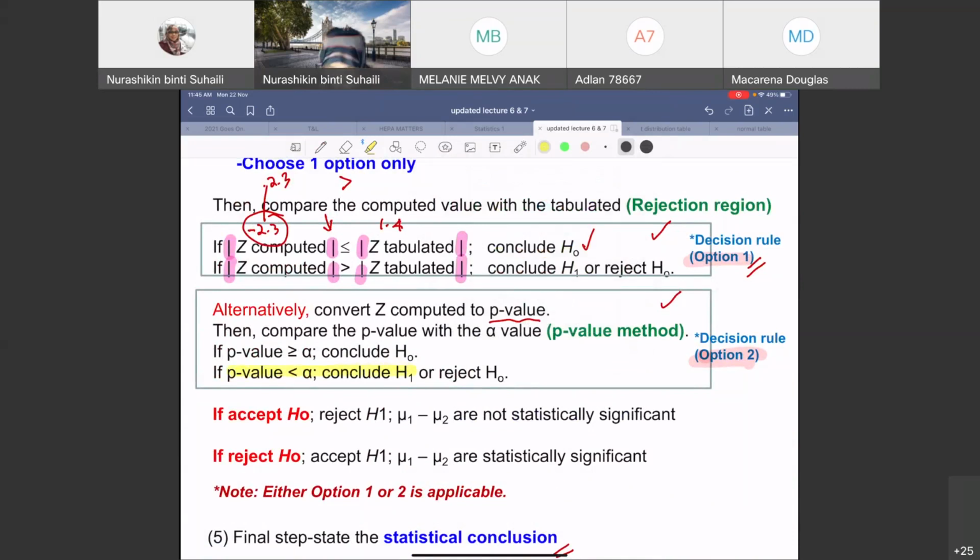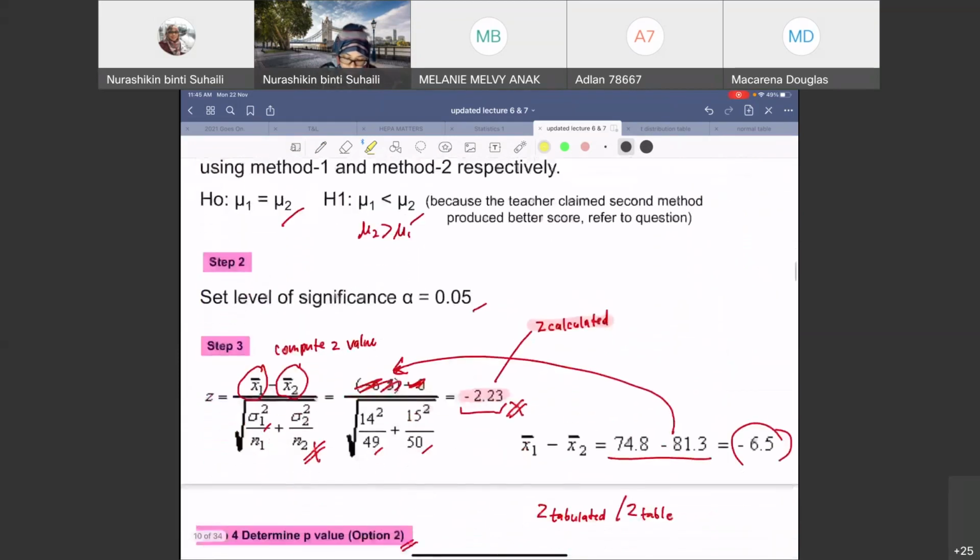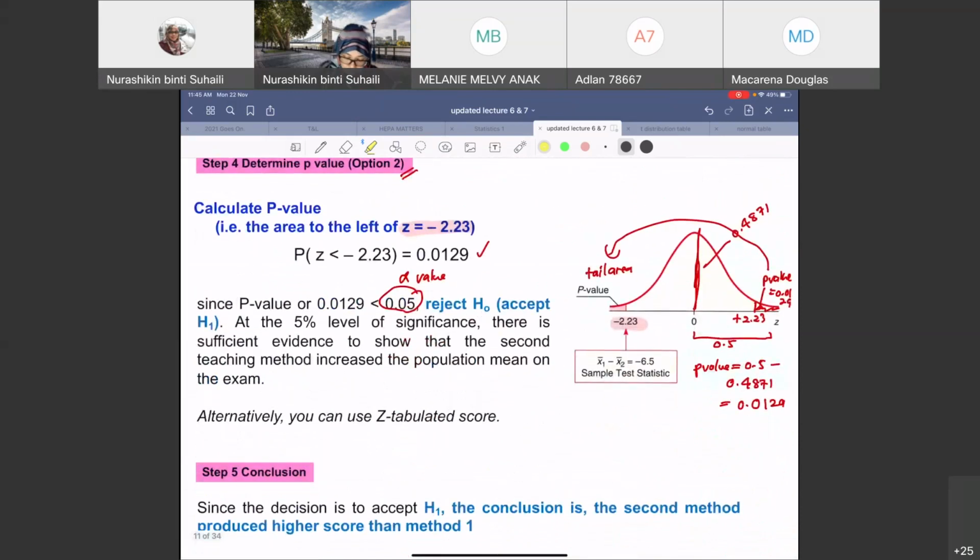So in this case, reject the null or accept the alternative hypothesis. That is the decision. Step 4 is making the decision.